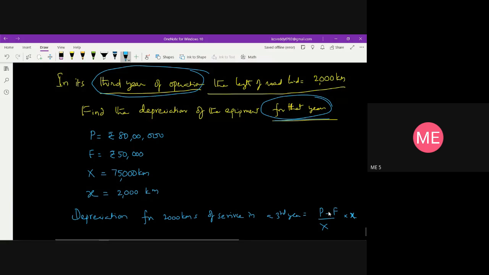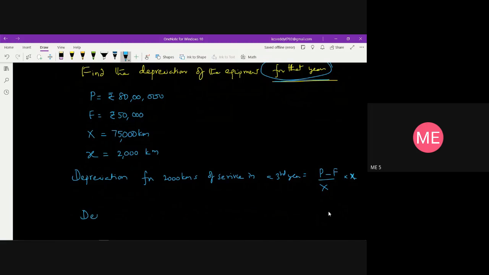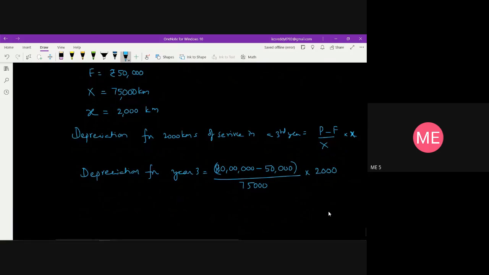So depreciation for year 3 is equal to 80 lakhs minus salvage value 50,000, divided by the maximum capacity of 75,000 kilometers, into 2,000 kilometers. By simplifying this, I get rupees 2,12,000. This is the depreciation amount for year 3.